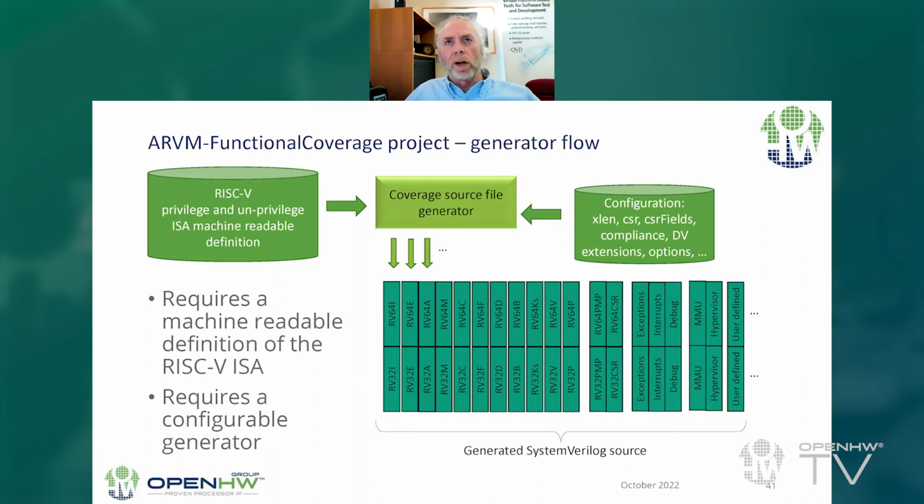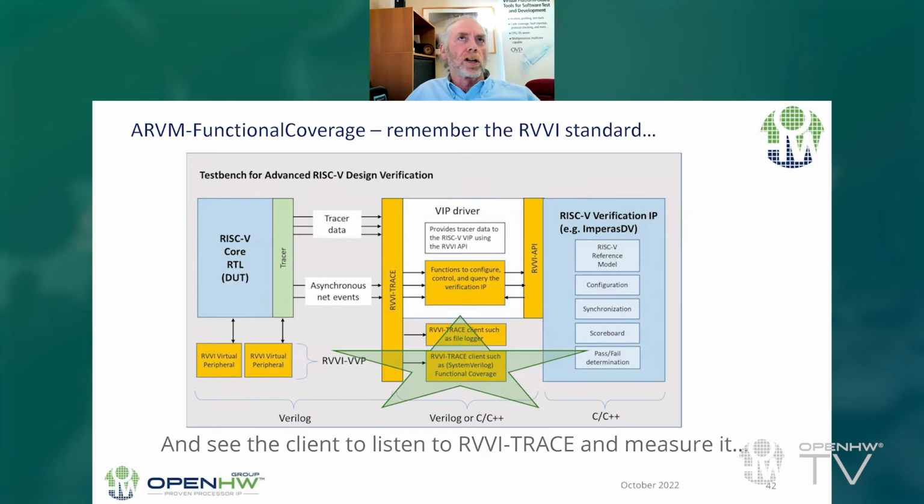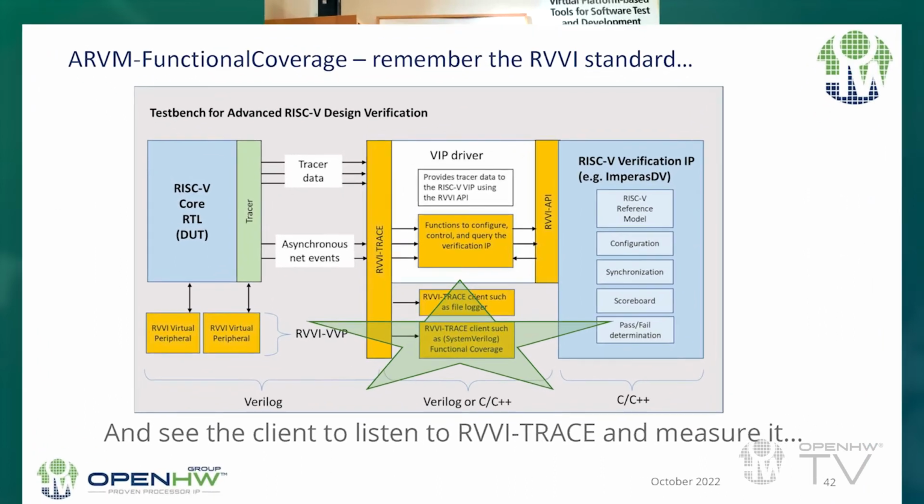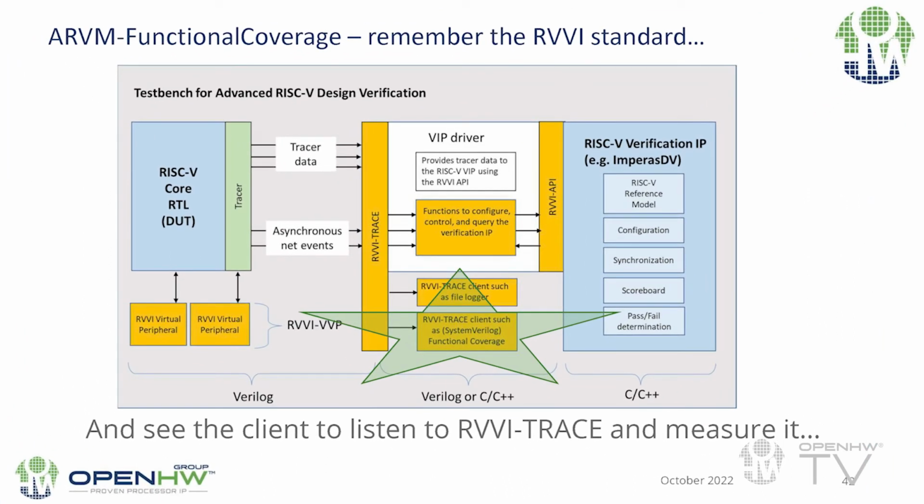And that's really where we're going with this project, because if you remember a minute ago, we talked about RVVI, which has a standard way of connecting to the processor's tracer. You can see down here, there's a little block where it says we've got the RVVI trace client, maybe SystemVerilog functional coverage. So we believe that we can then hook this SystemVerilog functional coverage to this tracer, so that it all becomes standard.